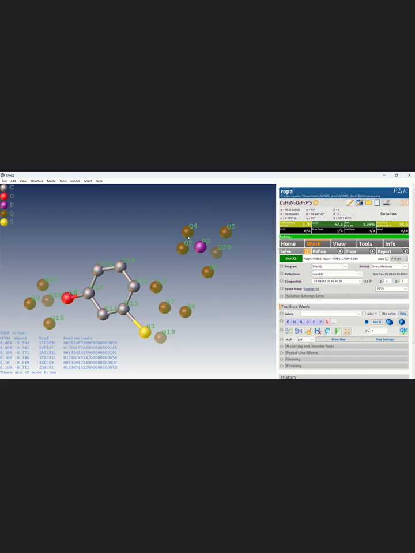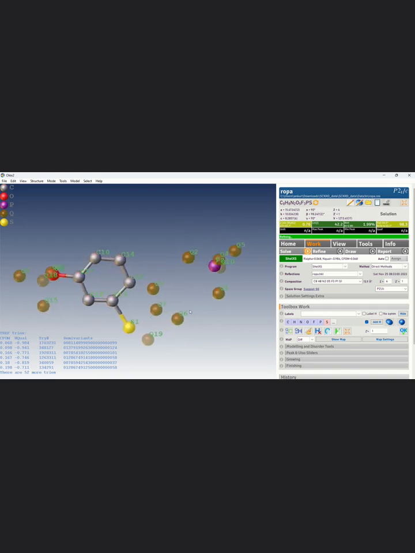And you can see that this is also making some pentane ring, so this might also be carbon. So I will select these balls and assign carbon to them.